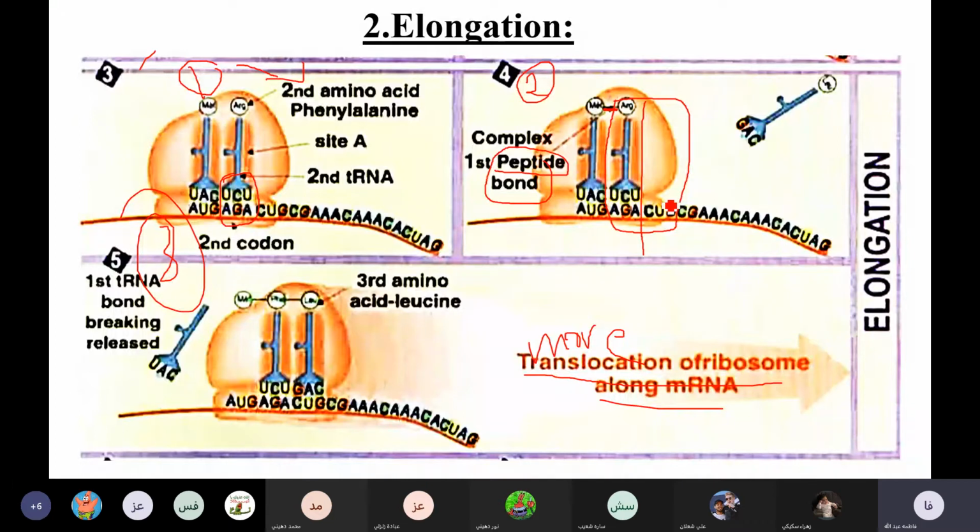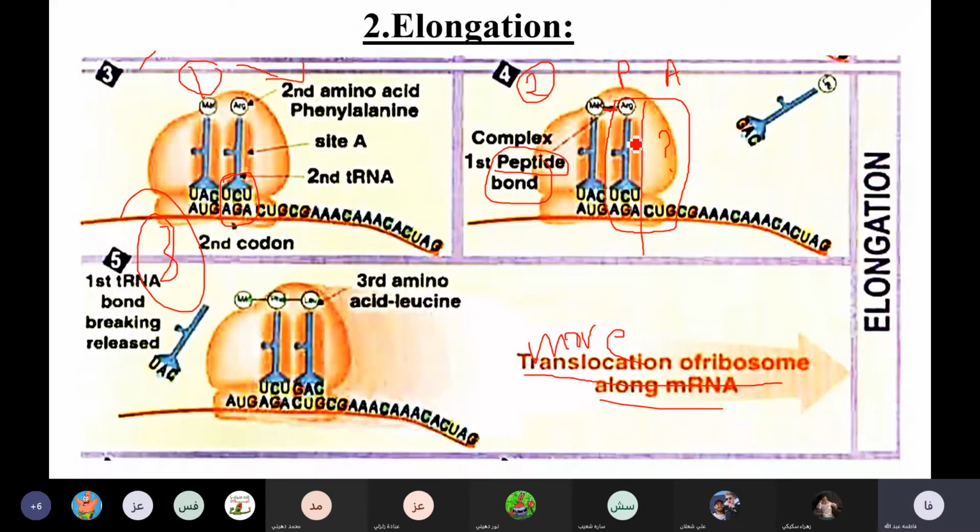Now, this is the A site, this is the P site. The A site is empty, as you can see. The transfer RNA is now in the P site.